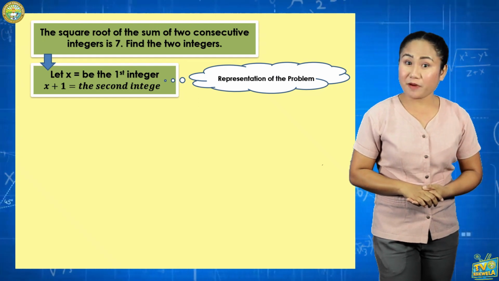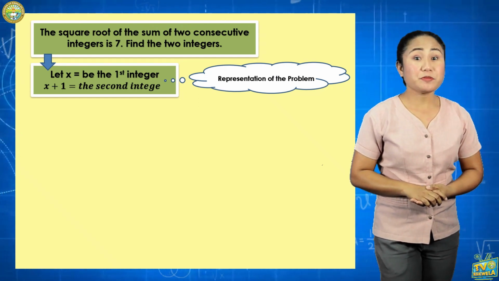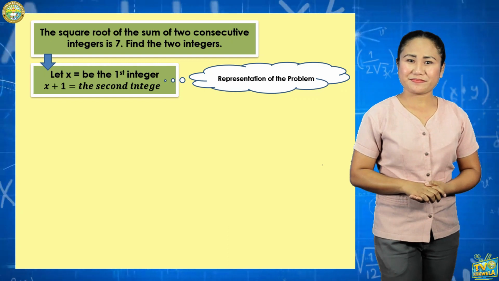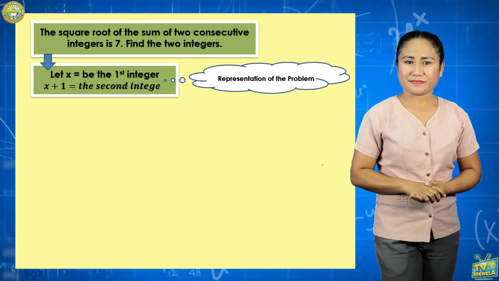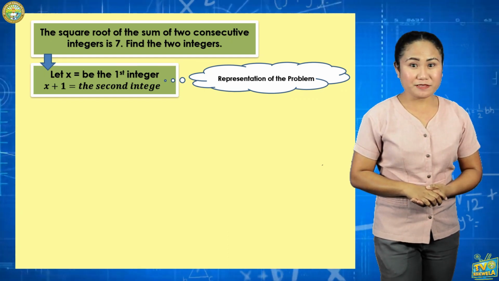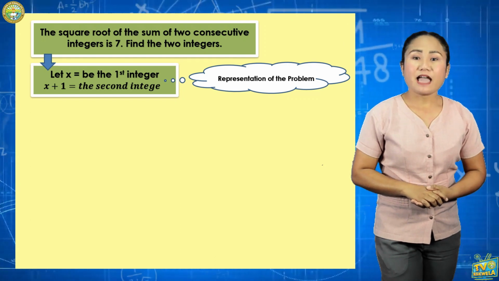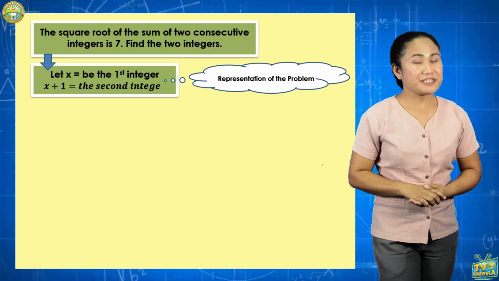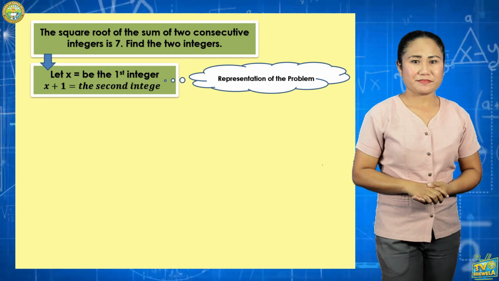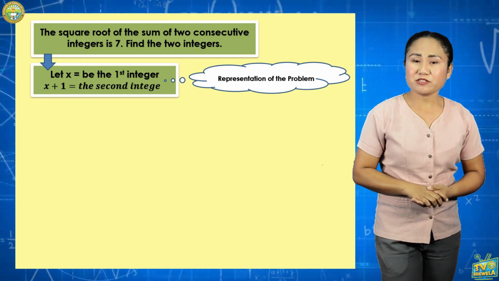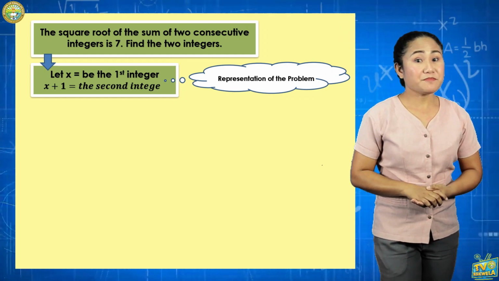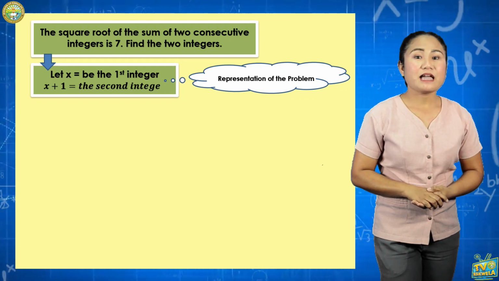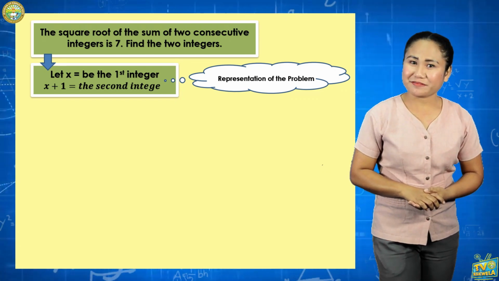So, in the box, you will write the representation. In this problem, we will let x be the first integer. The integer next to it can be represented by x plus 1.